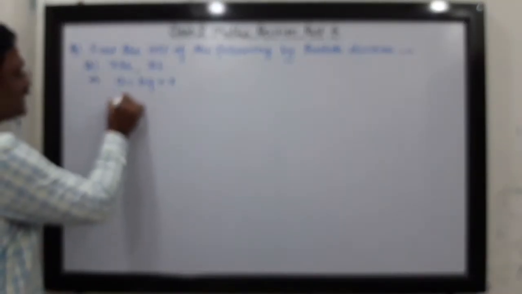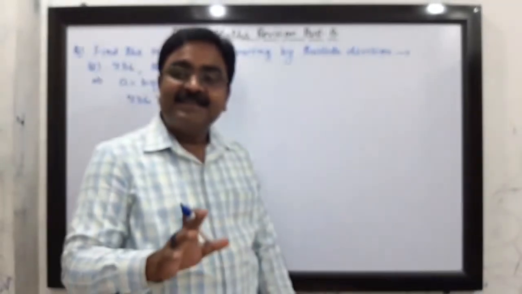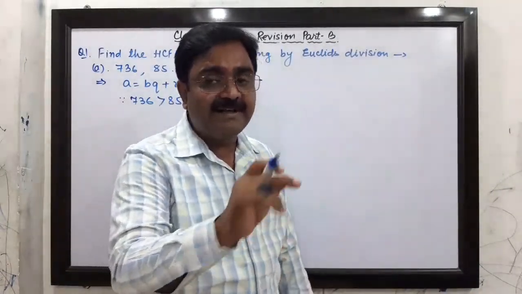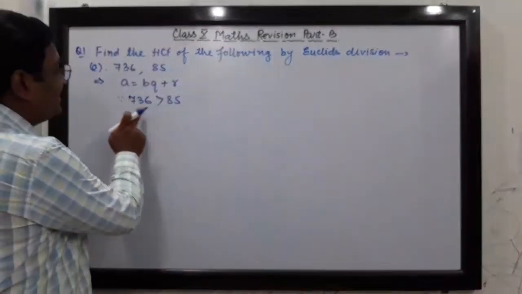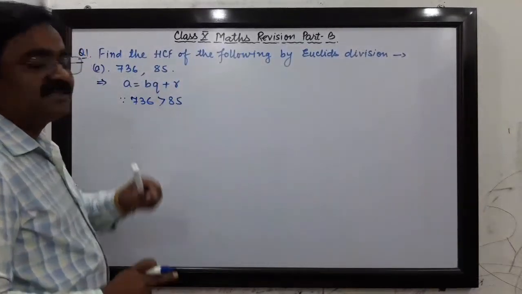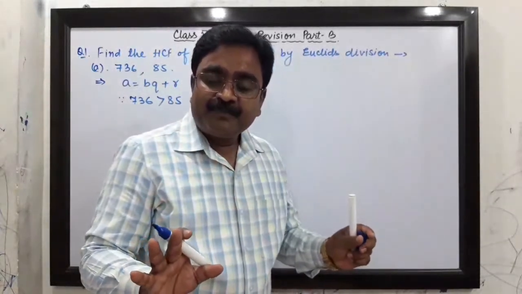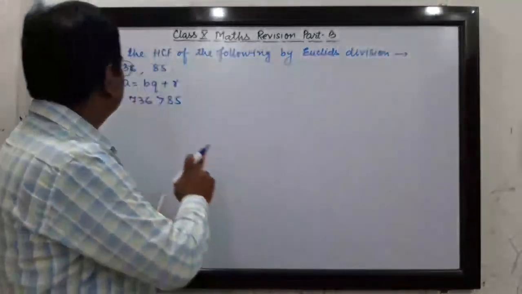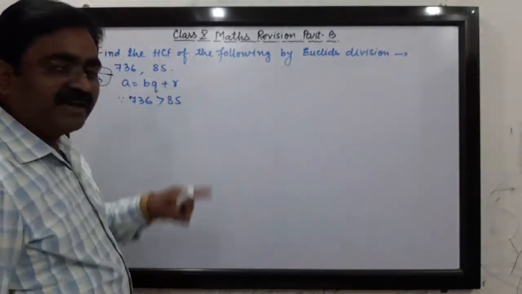Since 736 is greater than 85, we take 736 as the dividend and 85 as the divisor.